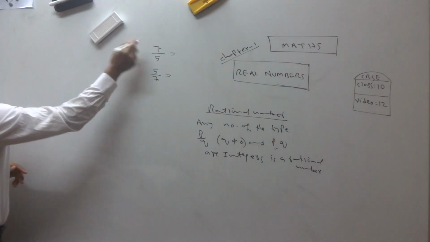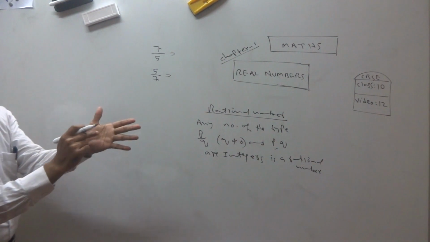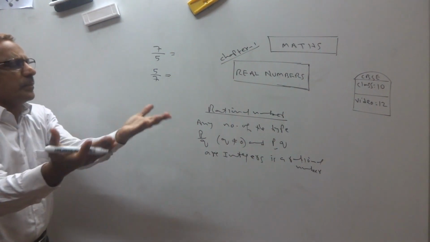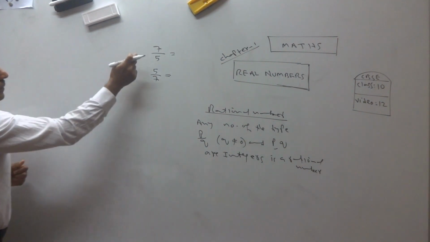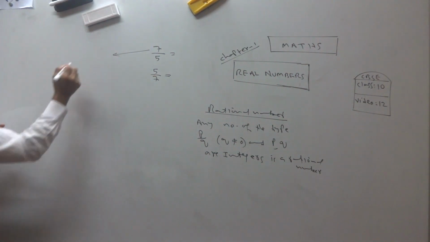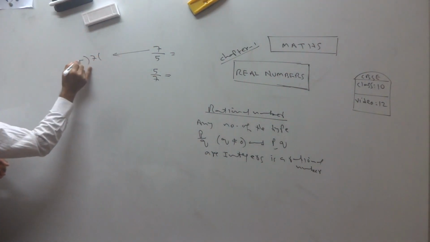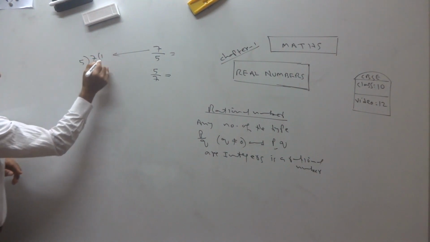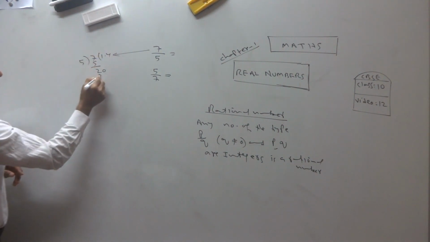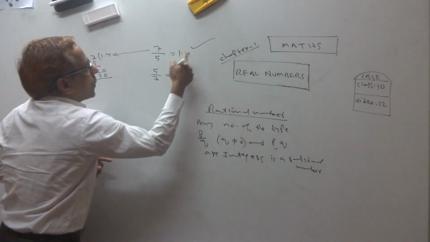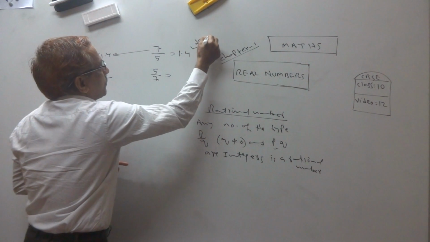In this fourth exercise, we talk about decimal expansions. What is the meaning of decimal expansions? Please see. 7 by 5 is a rational number. If I divide it, 5 ones are 5, 2 left, decimal, 0, 5 fours are 20, 1.4. This is called decimal expansion.